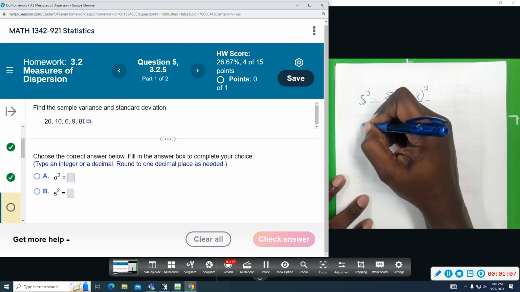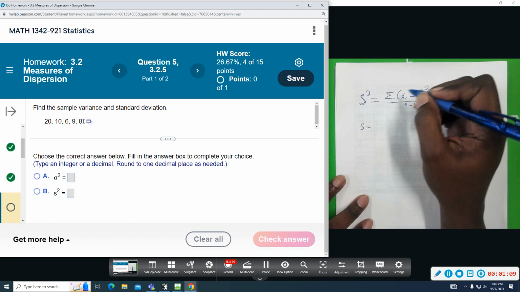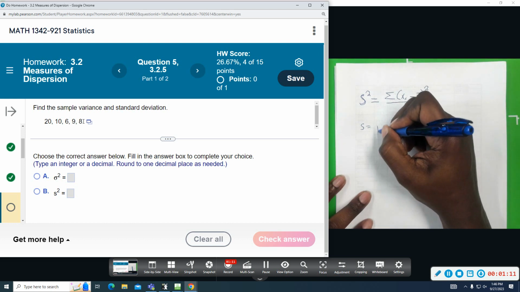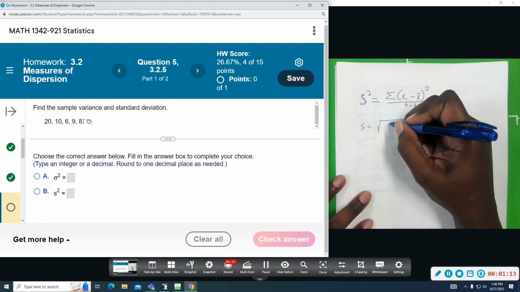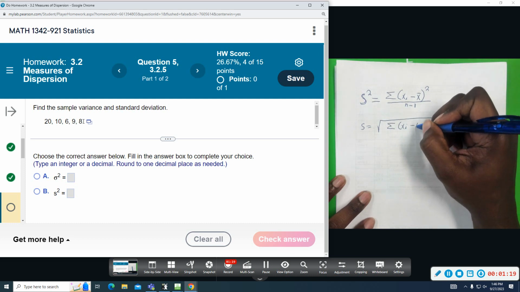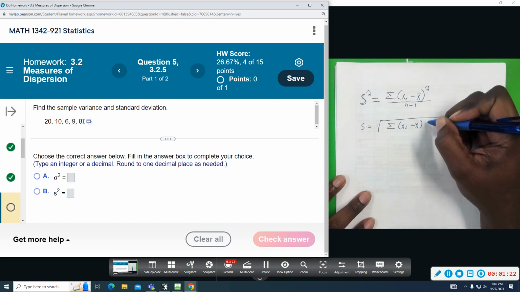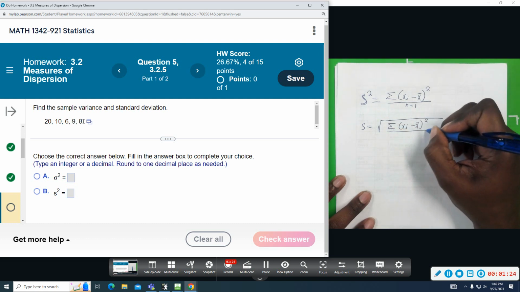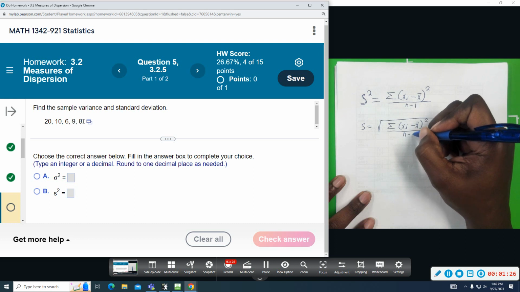The standard deviation is the same thing, you just take the square root. So it's the sum of each individual data value minus the mean, squared, divided by n minus 1.